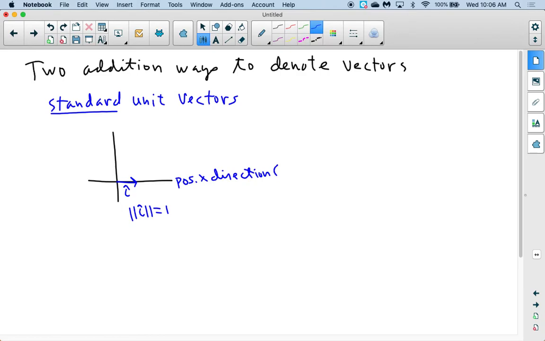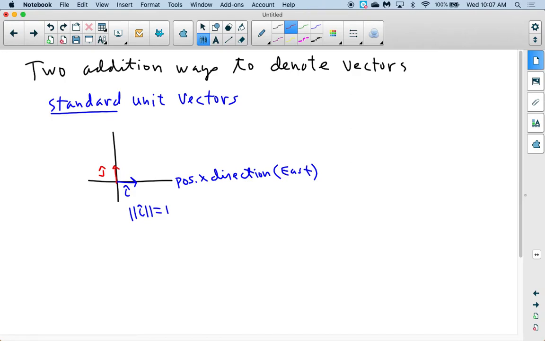You can think of it as east. The other standard unit vector that we'll be working with is one long, but it points in the north direction. It's denoted by the letter j, and again, we put a little cap over it.